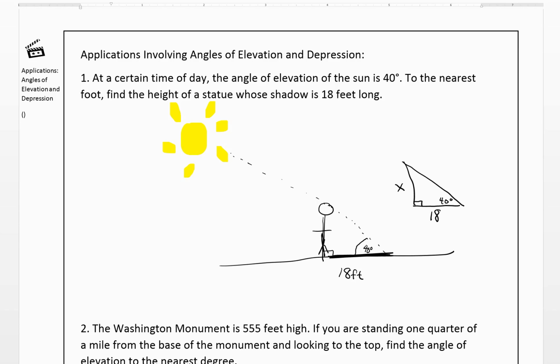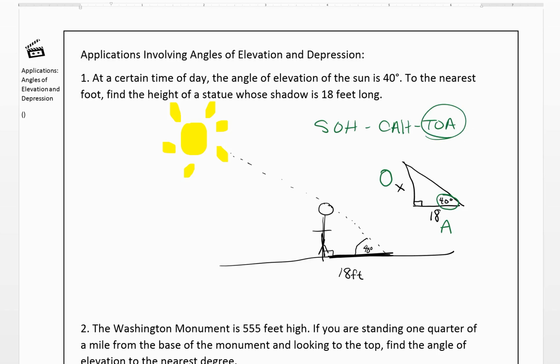Now, we want to look at our 40 degrees here and think of that as our angle. The x then is our opposite side, and the 18 is the adjacent side. So we need to think back to SOHCAHTOA and say, which one uses the opposite and the adjacent? Well, that's the TOA, the tangent.